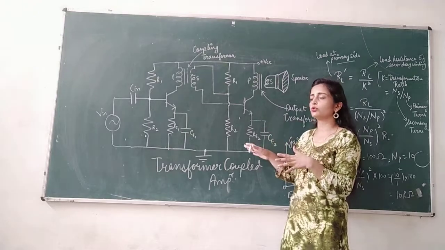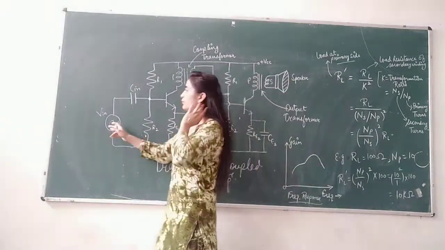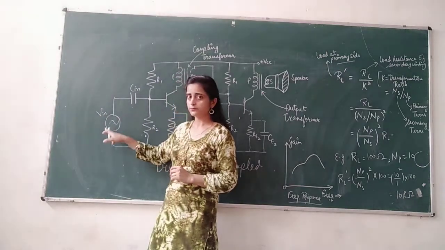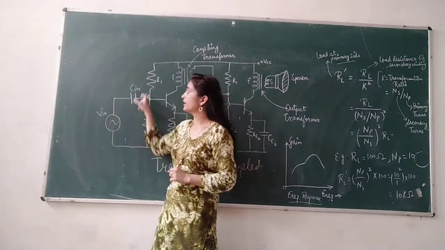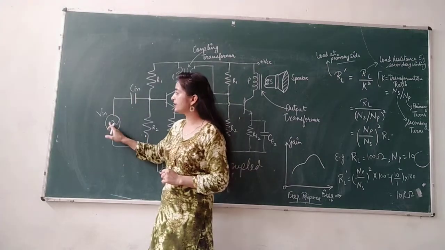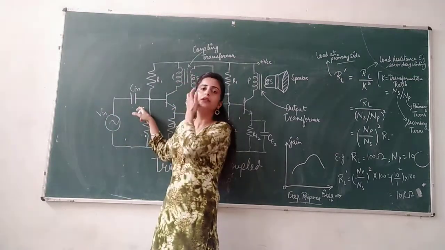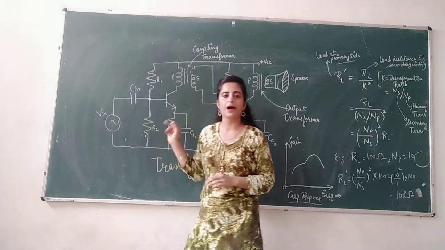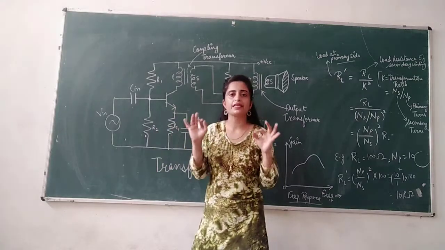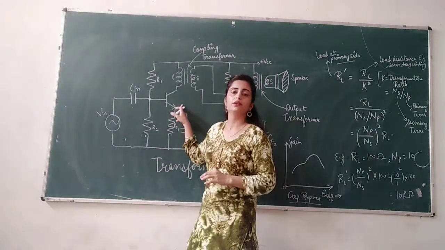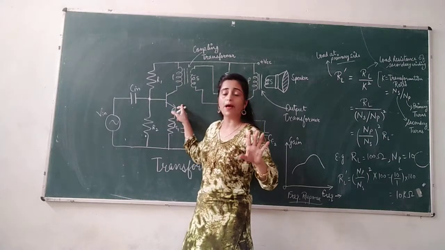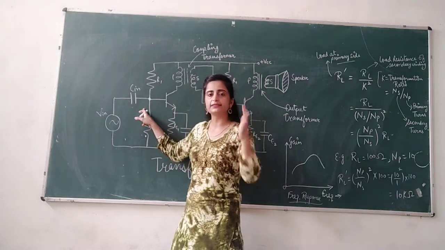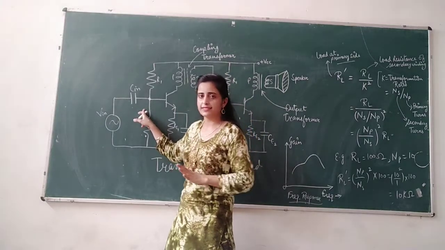Now let us move on to working. In the working, whenever the signal is provided from this Vin, it passes through the capacitor, and the capacitor will pass only the AC signals towards the base of the transistor, and no DC signal will be passed, as it is the property of the capacitor to block the DC signal and to pass only the AC signals, right?